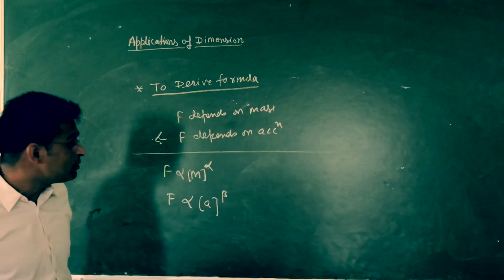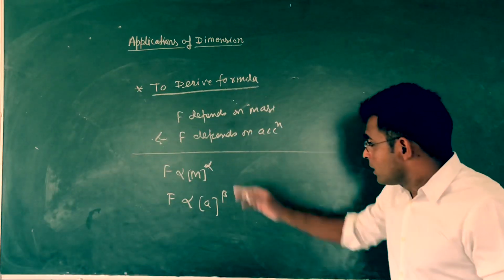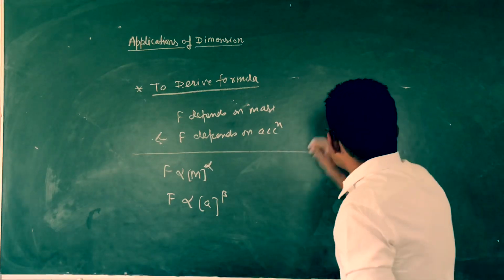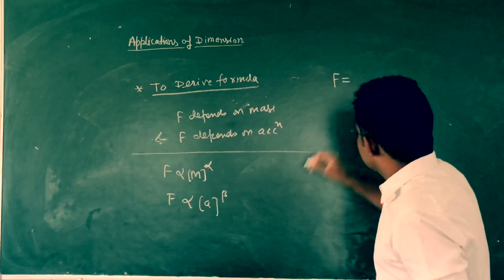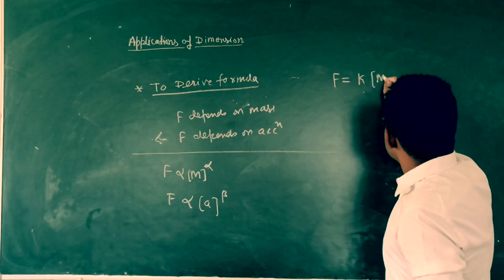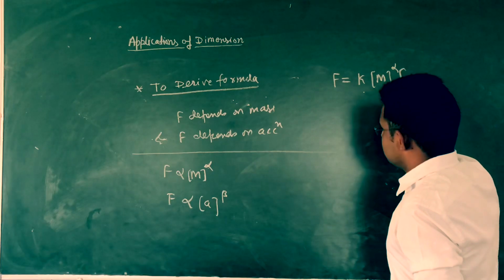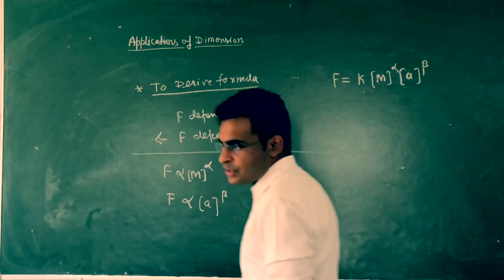Now if I combine these two things, what I'll get is F equal to some constant times m to the power alpha and a to the power beta. F is directly proportional to m to the power alpha and a to the power beta.